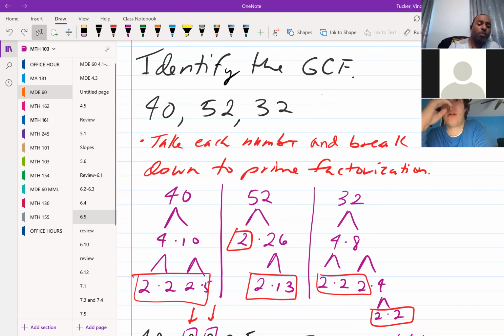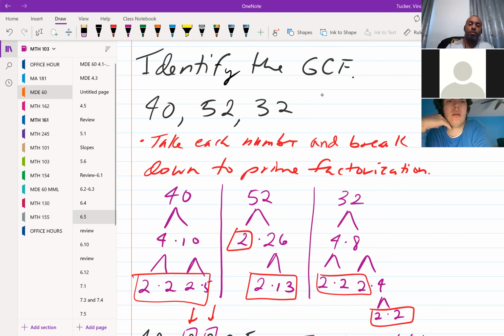Same thing with 52. I did 2 times 26. So that 2, you can't break down any further. 26, you break down to 2 times 13. And then with 32, I decided to use 4 times 8.